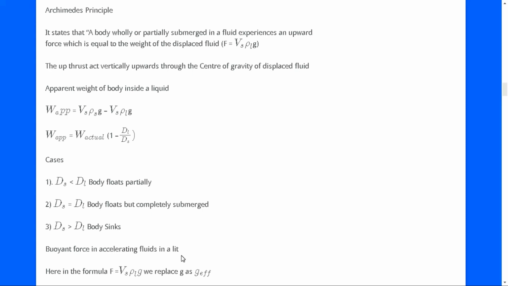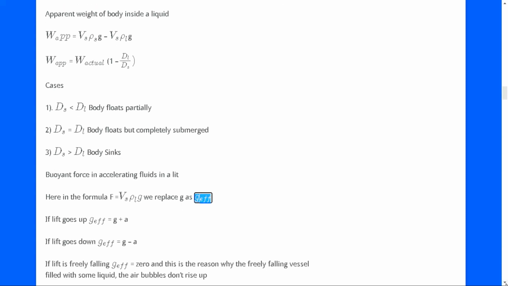Now buoyant force in an accelerating fluid in a lift. We have the formula as we saw in the Archimedes principle statement. In the place of g, we replace g effective. So if the lift goes up, it is g plus a. If the lift goes down, it is g minus a.